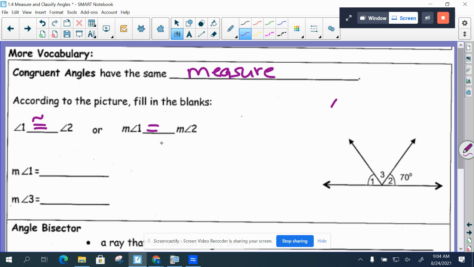I'm talking about the numbers, the degrees, instead of just the geometry. So angle 1, well, we know that angle 2 is 70, so angle 1 has to be 70, right? So what does that make angle 3? Yes, how did you figure that out?